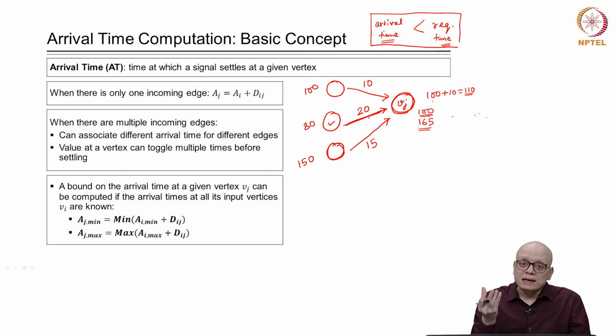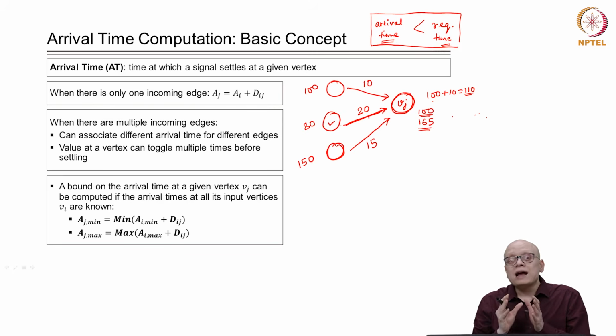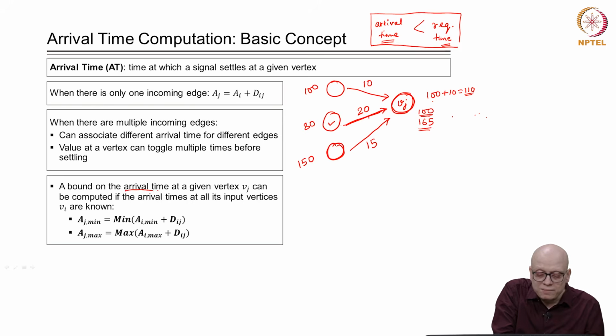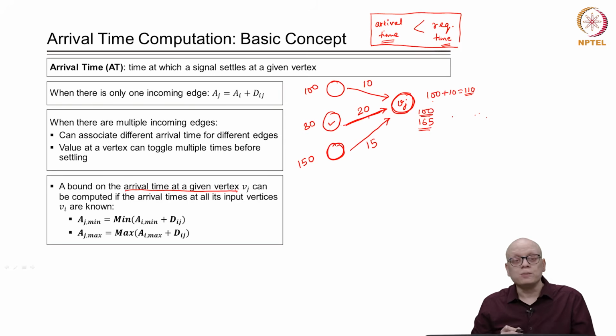So, rather than keeping track of all the arrival times, what we do is keep track of only the minimum arrival time and the maximum arrival time, or a kind of bound on the arrival time. The bound at a given vertex Vj can be computed if the arrival times at all its input vertices are known.